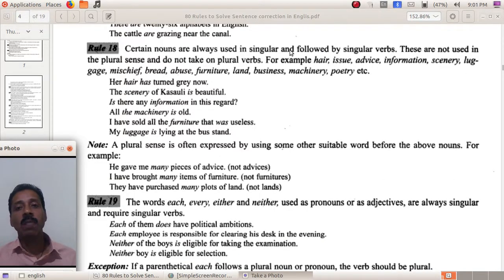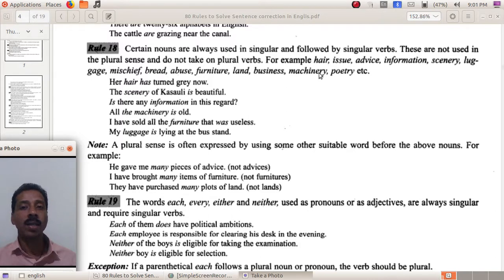Certain nouns are always used in singular and followed by singular verbs. These are not used in the plural sense and do not take plural verbs. For example, hair, issue, advice, information, scenery, luggage, mischief, bread, abuse, furniture, land, business, machinery, poultry, etc. What's the specialty of these words?